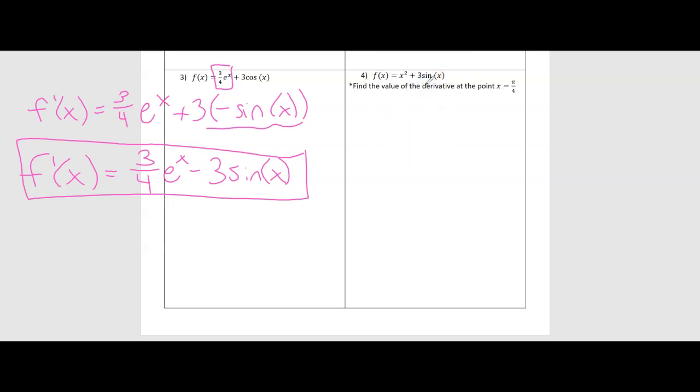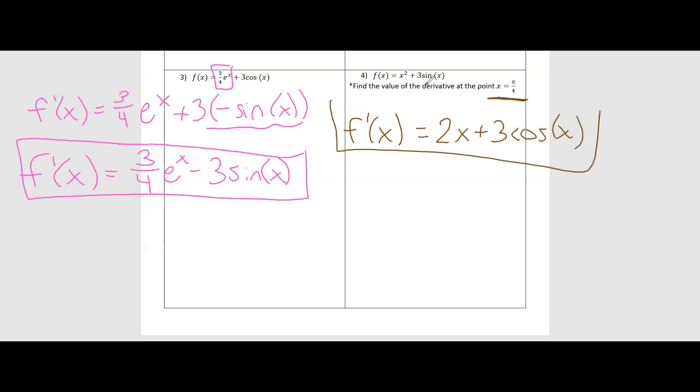Number 4, another f of x function, but this time we're asked to evaluate it at a certain x value. So at the end, we'll actually have to substitute in pi over 4 for x and get hopefully an actual real number. So f prime of x is equal to 2x plus 3, and then the derivative of sine of x is cosine of x.